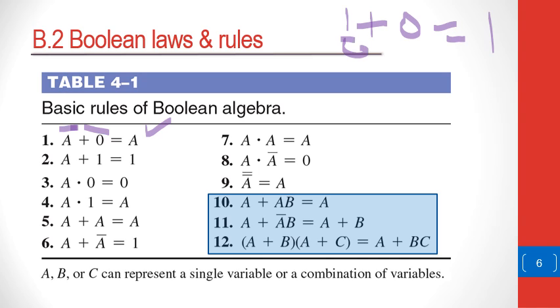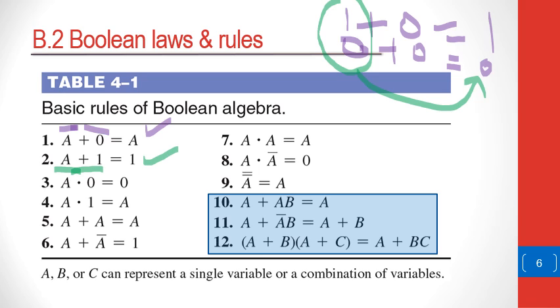If you have 0 or 0, the result is 0. As long as you have this variable A and add it to 0, it will always be A. In a similar fashion, when you have any variable and you put it through an OR gate with a 1, the result will always be 1, because in an OR gate, when one of the inputs is high, the result will always be high.